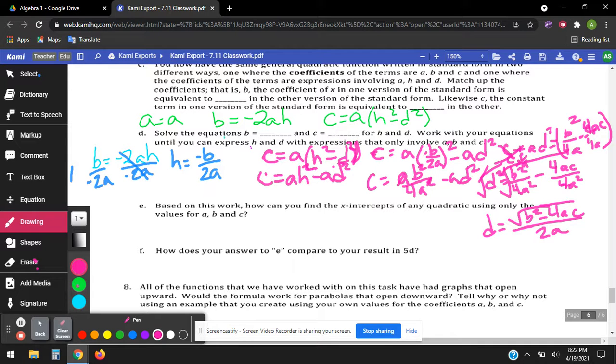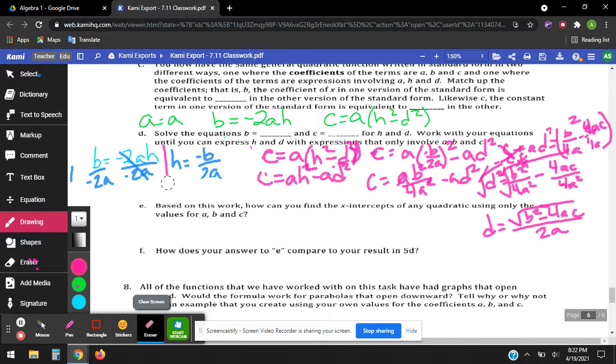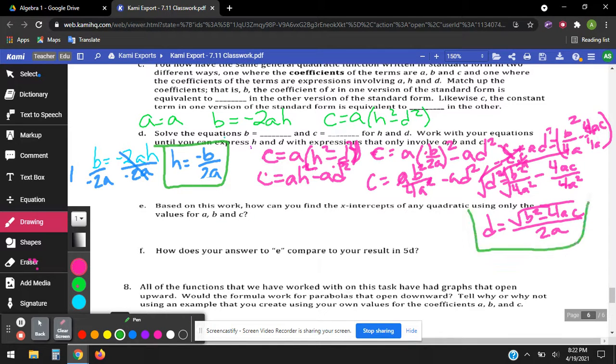So these are my final h and d with algebra. Okay, based on this work, how can you find the x-intercepts of any quadratic using only the values for a, b, and c?